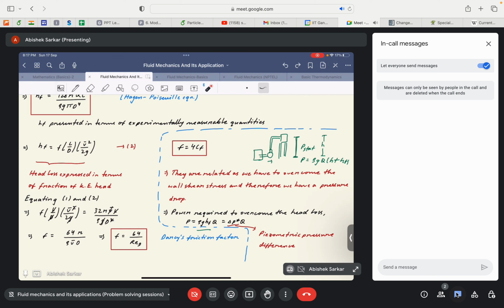And again, the Darcy friction factor is represented in terms of the head loss due to fluid friction, or the pressure head loss due to fluid friction.